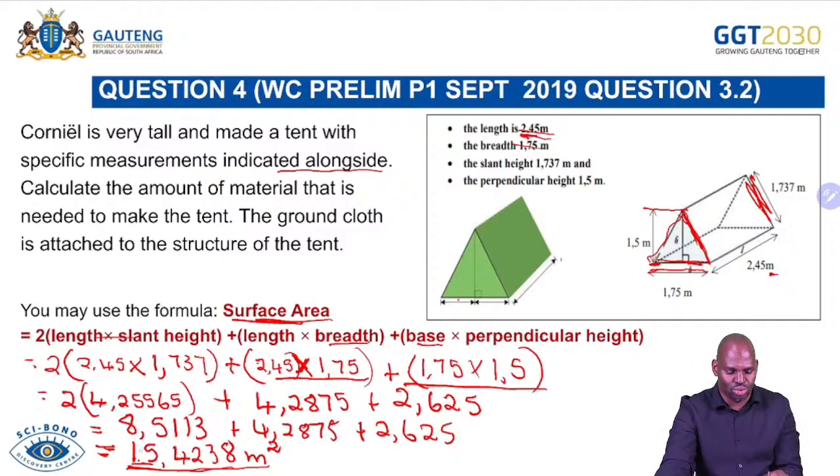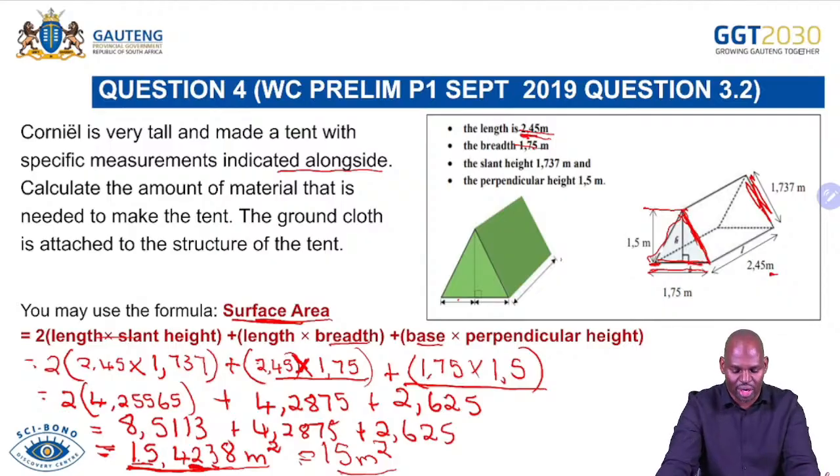If you round it off to 3 decimal places, 15,424, because the examiner can ask you to round off to any number of decimal places. So you must know the rounding, but in this case you can still simply say it's 15 square meters. That will also be correct, if you round it off to the nearest whole number.